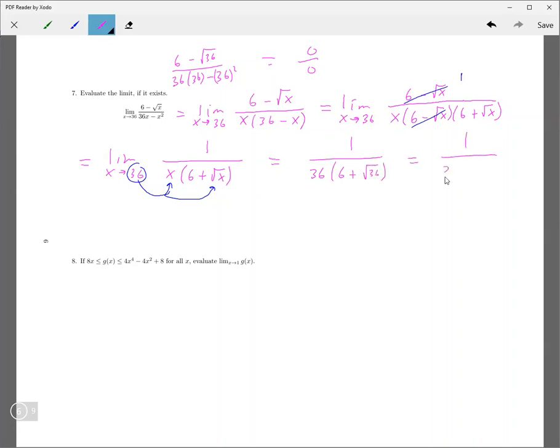That's 1 over 36, and then this is 6 plus 6, which is 12. And that's 1 over 432 when you multiply those together.